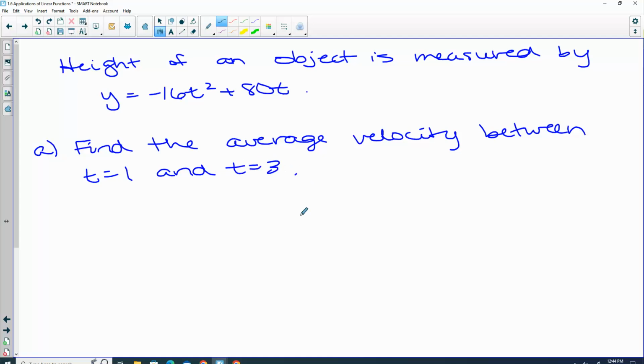Average velocity is another word for what? Slope. Average velocity just means find the slope.